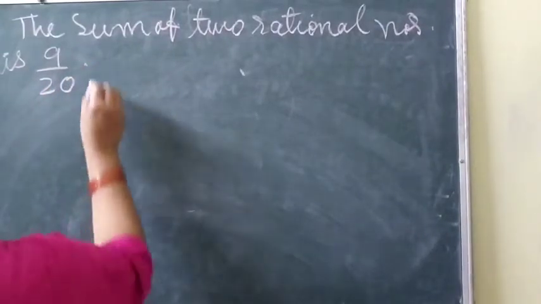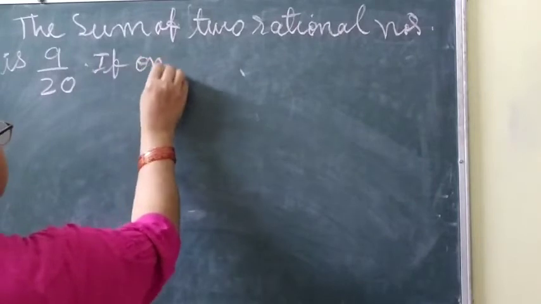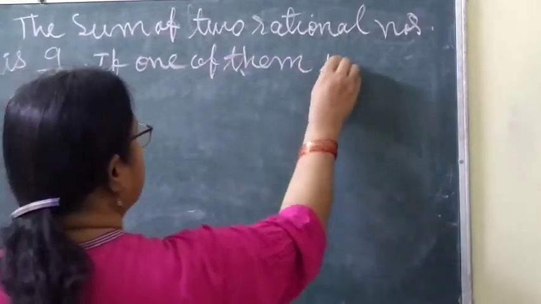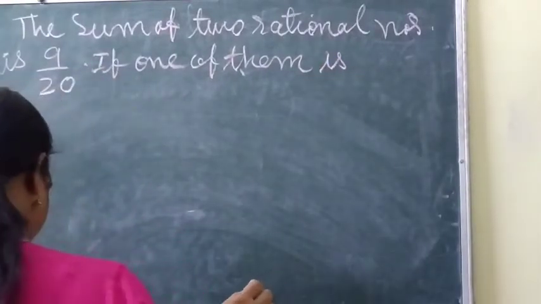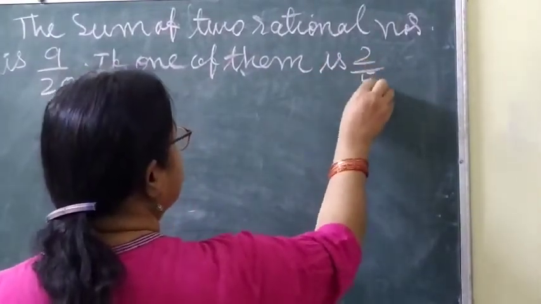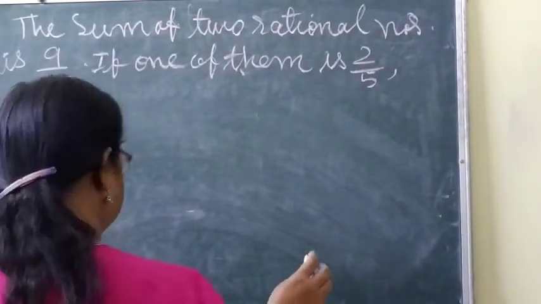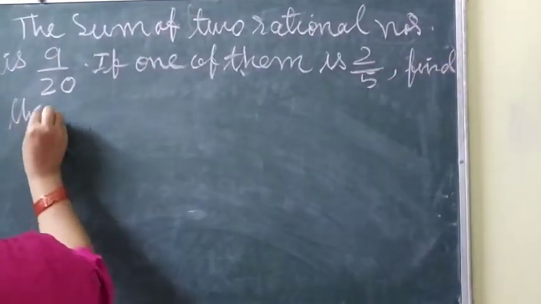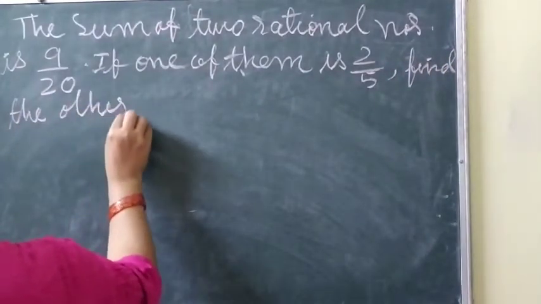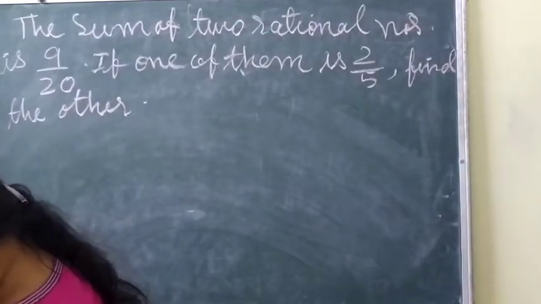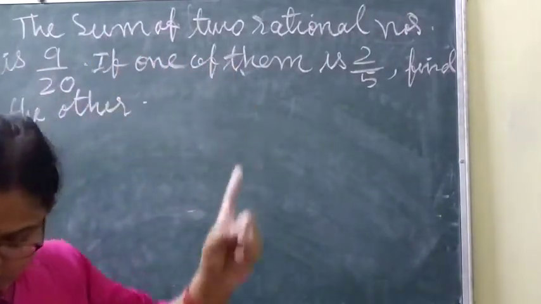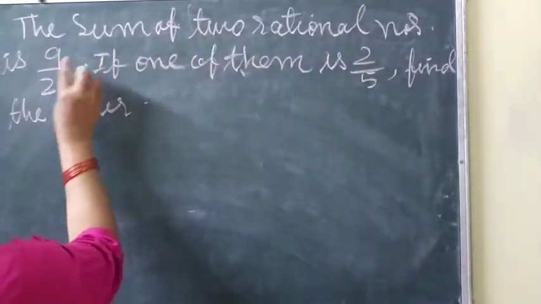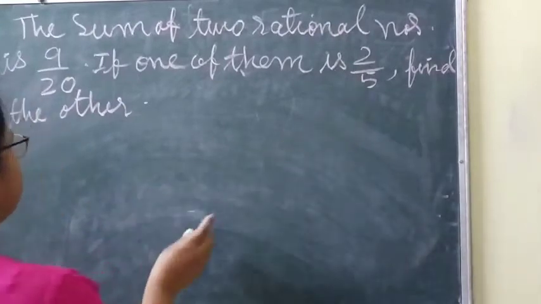If one of them is 2/5, find the other. Find the other. Clear? The sum of two rational numbers is 9/20. If one of them is 2/5, find the other.